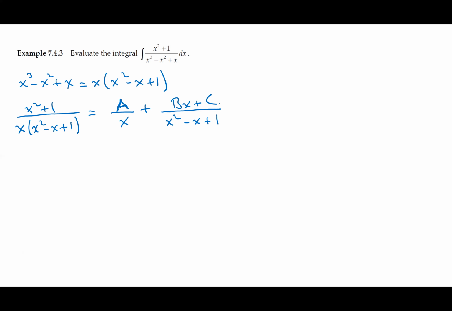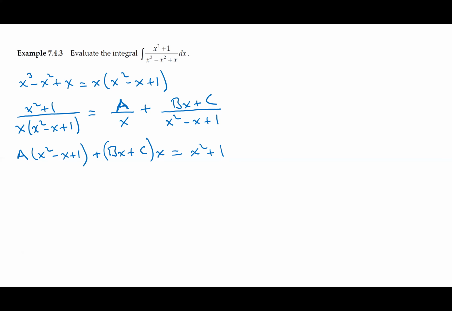And then we just continue like we've been going. So a is going to get multiplied by the other denominator. And then bx plus c is going to get multiplied by x. So we get x squared plus 1, okay?